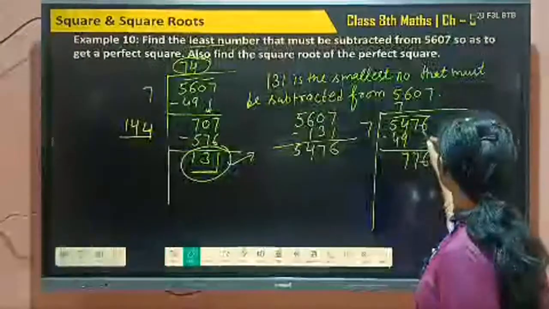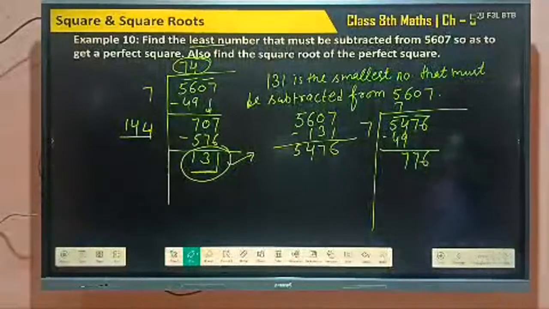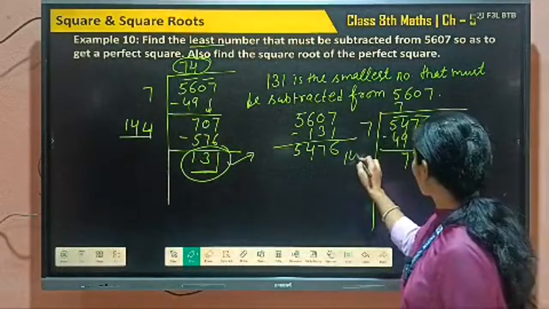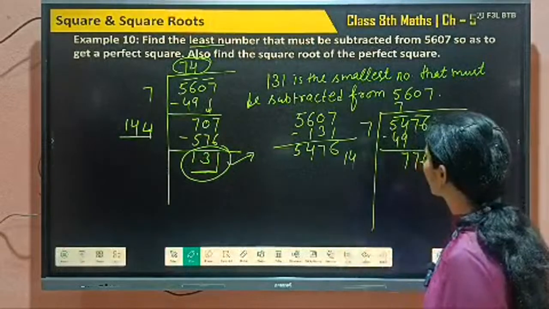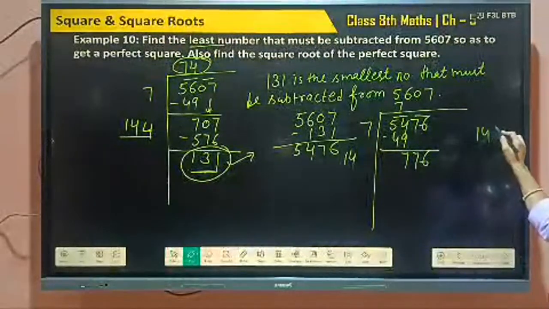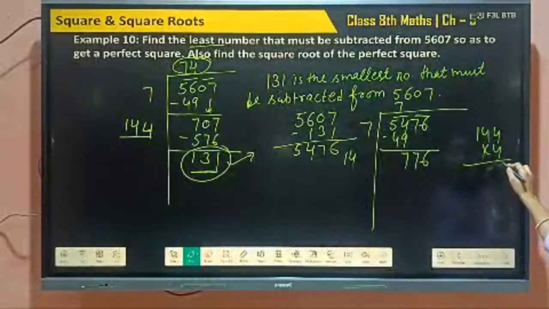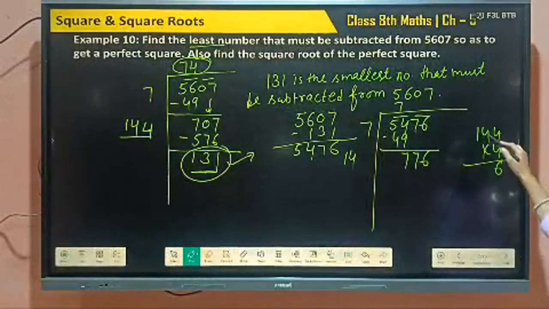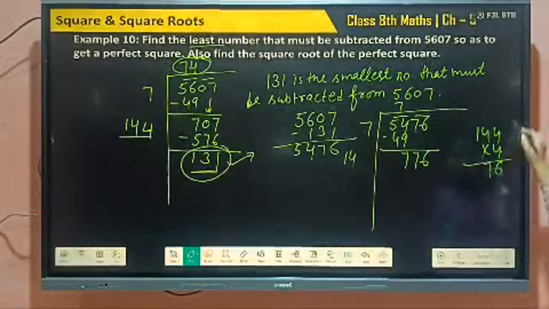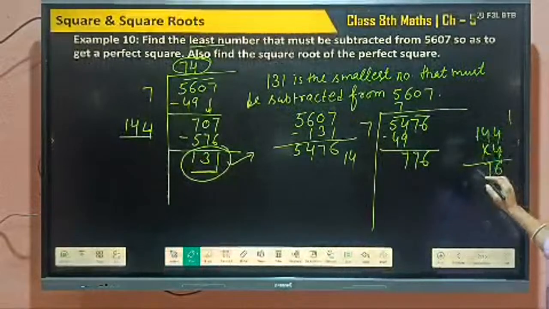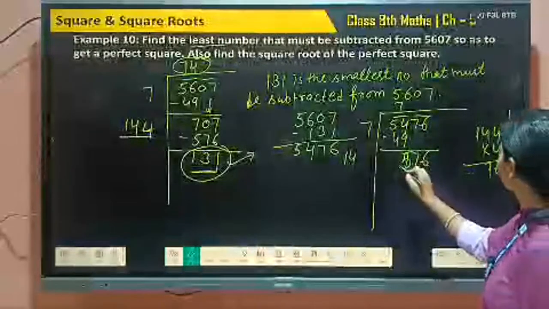Then carry down the next pair, 776. Now, what will be double of this quotient? 14. Write this 14 and 4. 4 4s are 16, and 1 is 17. 4 1s are 4 and 1, there 5 will be there.